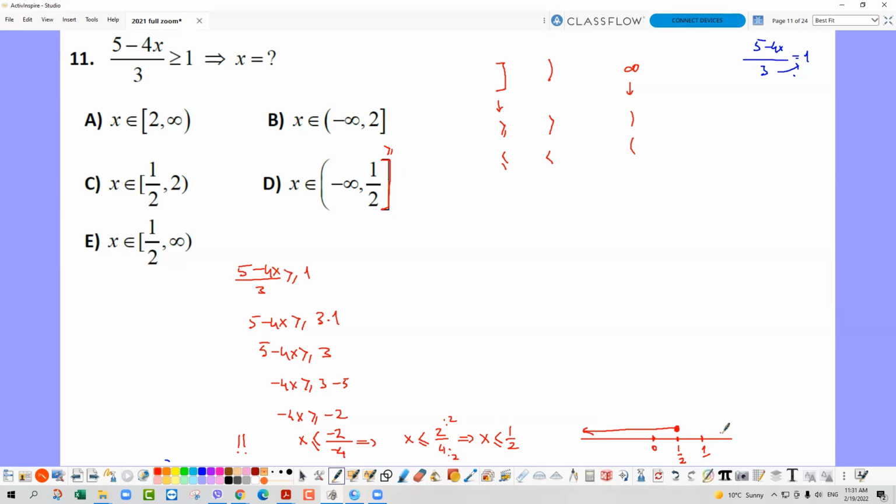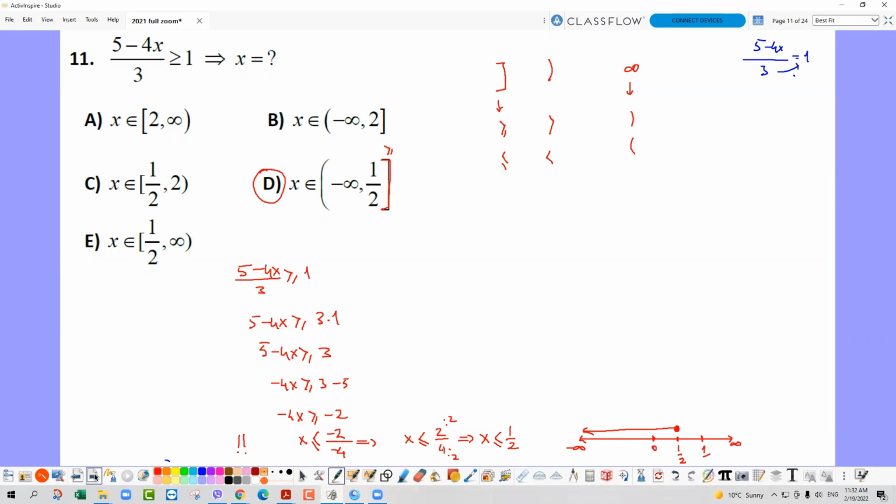You remember that this real number line goes to both sides and the arrows show that these are infinity sides. This is minus infinity, the sign is called minus infinity in English. So this starts from 1 over 2 and ends with minus infinity. Only the answer D has that, so that's going to be our answer.